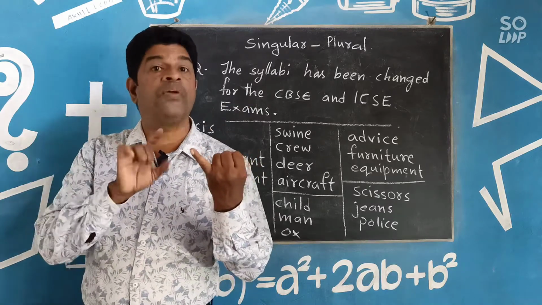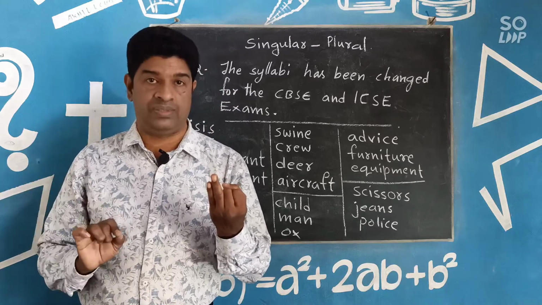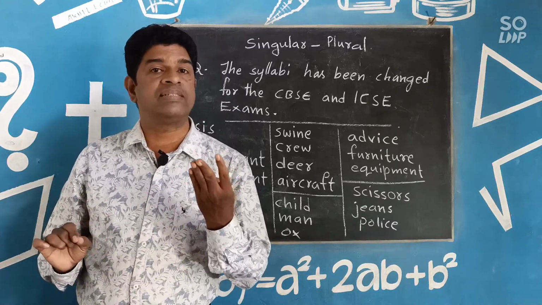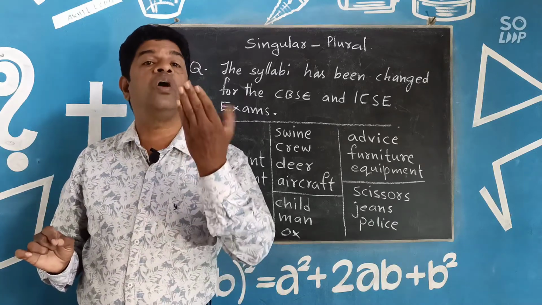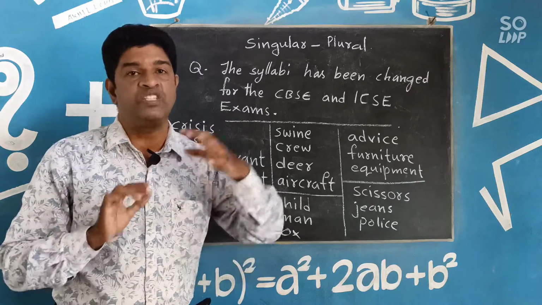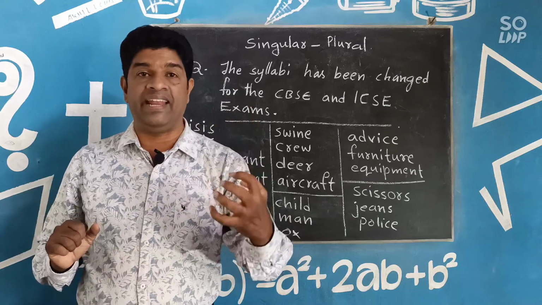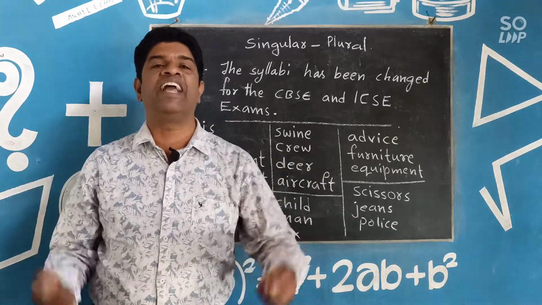Are instead of is, were instead of was, have instead of has, do instead of does, go instead of goes. These are the basic differences that we have to consider while we are learning concord, subject-verb agreement.